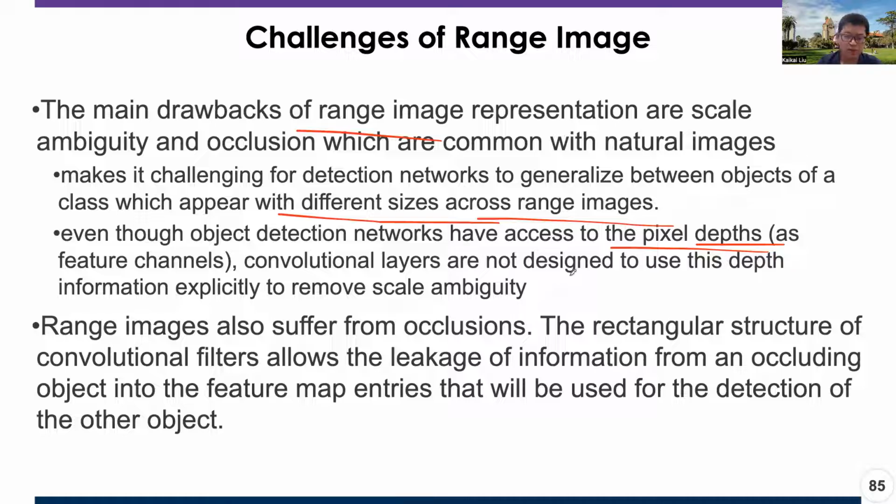The convolutional neural network is not really designed to utilize this kind of depth feature, and that's why you still have the scale ambiguity.